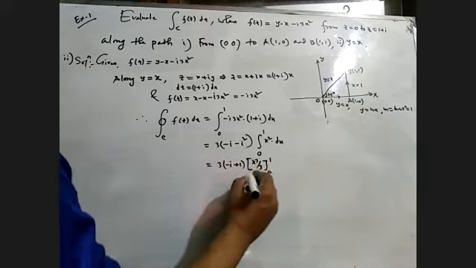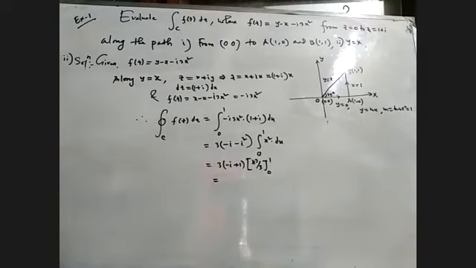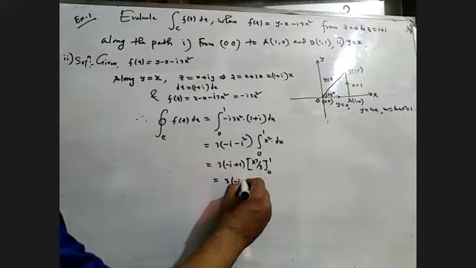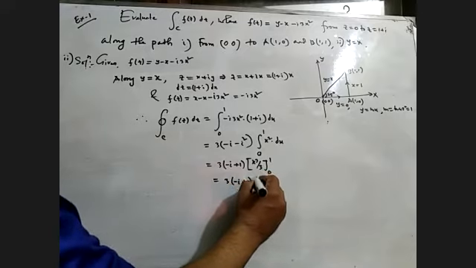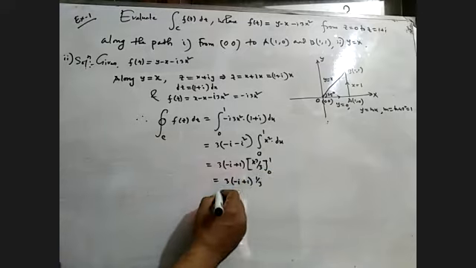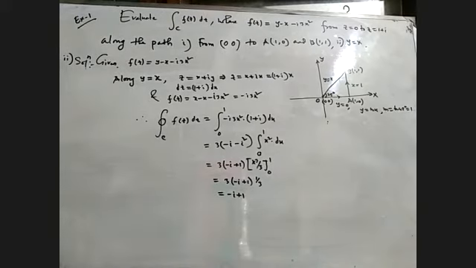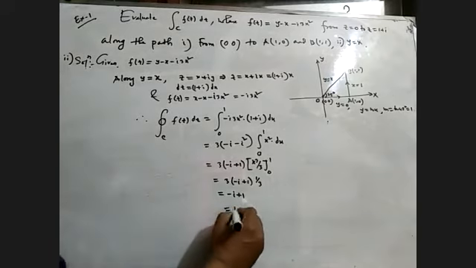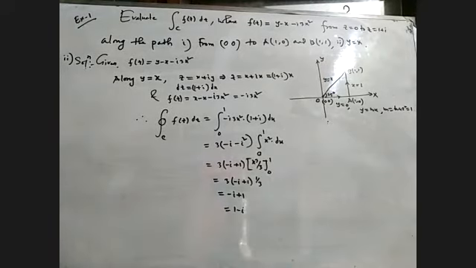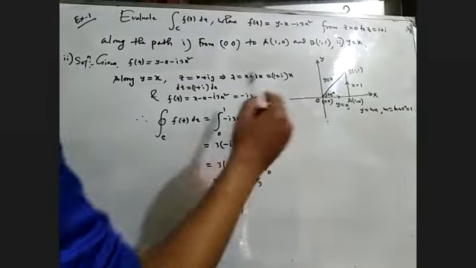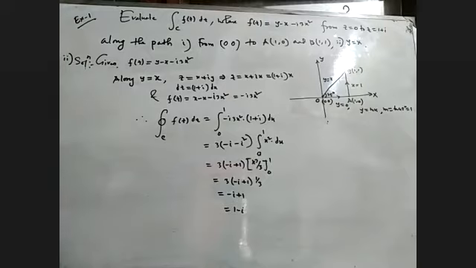So we get 3 minus i plus 1, here only 1 by 3. 3 cancelled, minus i plus 1. That means 1 minus i is the required integral along y equals to x, that means along OB. Same. This is the second part.